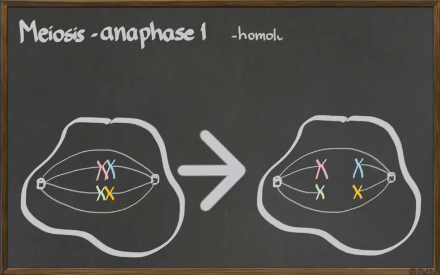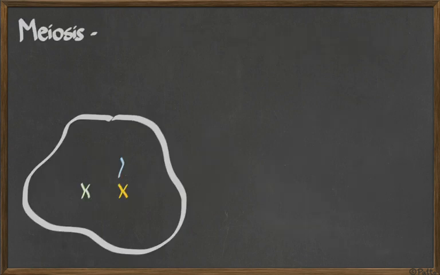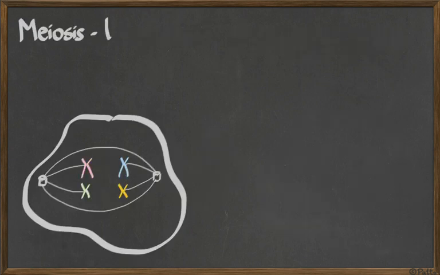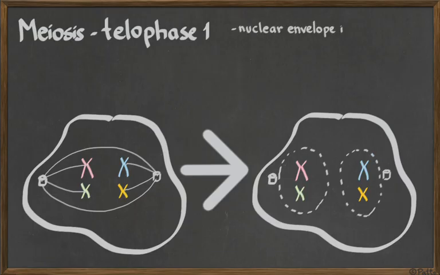So one homologous chromosome to each side, one of the pair to each side, they are separated and they travel to opposite poles. So there they are, you have anaphase. And then telophase is going to be exactly the same. You have the chromosomes uncoiling, the nuclear envelope being rebuilt, and the cell will go through cytokinesis. So it's exactly the same.